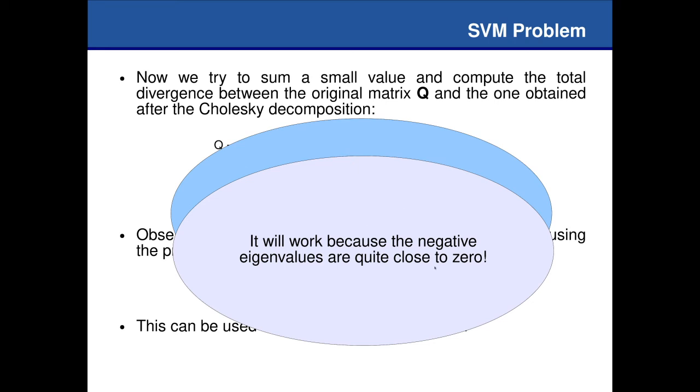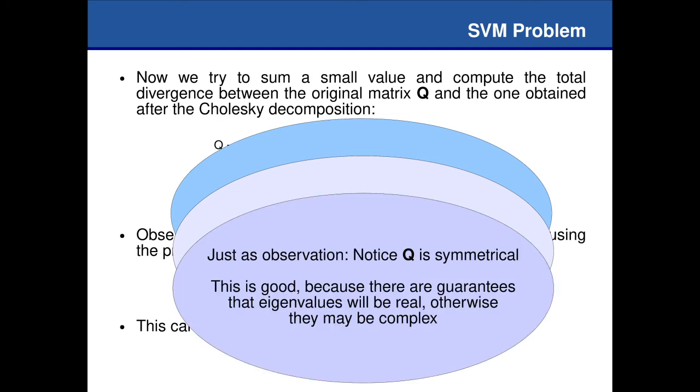So in order to have a meaningful result, you should compute the eigenvalues of matrix Q and analyze them to see if they are very close to 0, if they are somehow negative, or if they have a great negative magnitude.